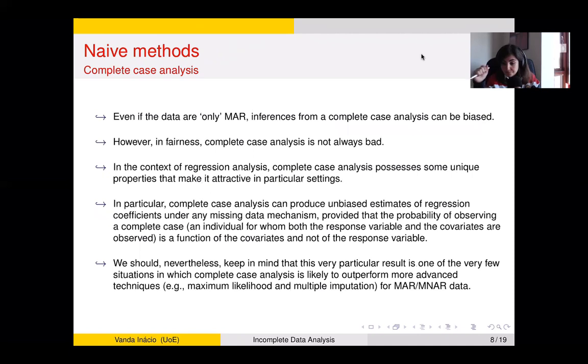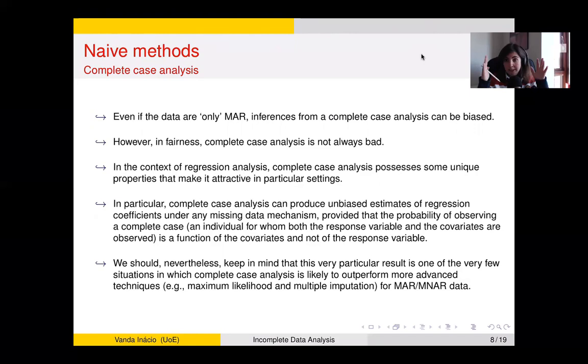And okay, what should we be aware about complete case analysis? Well, we have seen that if the data are missing completely at random, the estimates, although not efficient, are unbiased. But even if data are only, between quotation marks, missing at random, inferences from a complete case analysis can be biased.